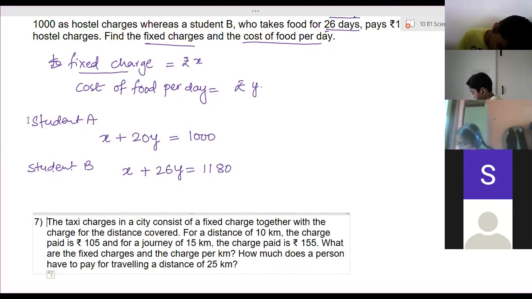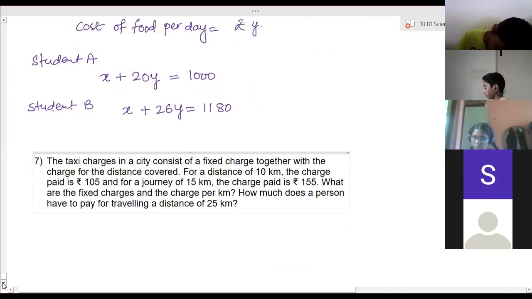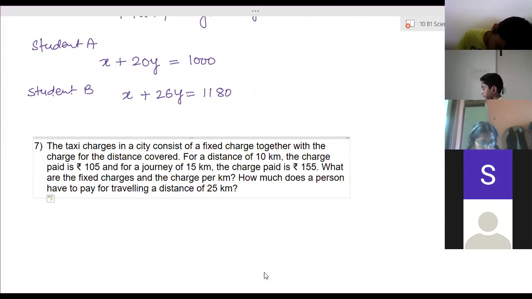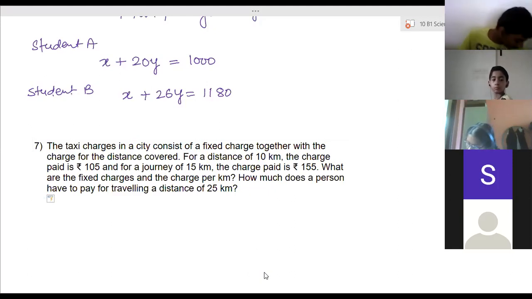Seventh is exactly the same, solve. Actually, all the remaining ones are the same.